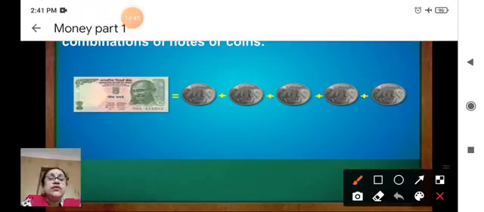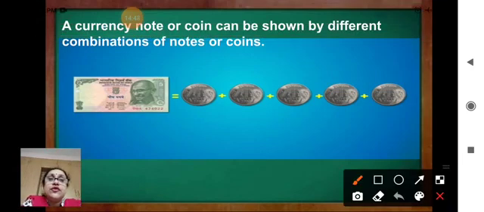Now, look here, what you can see here. You can see a 5 rupees note. Now, a currency note or coin can be shown by different combination of notes or coins. Now, here you can see 5 rupees note equal to how many coins are there? 5 coins. So, 1 plus 1, 2, 2 plus 1, 3, 3 plus 1, 4, 4 plus 1, 5.